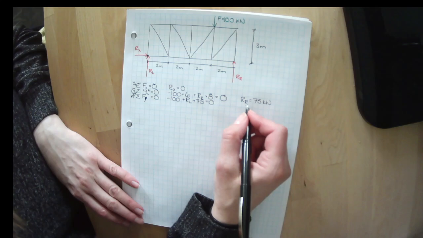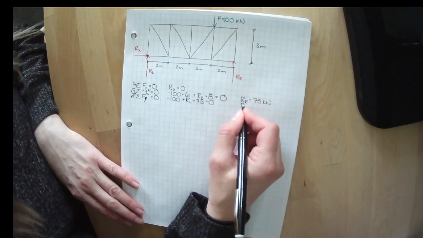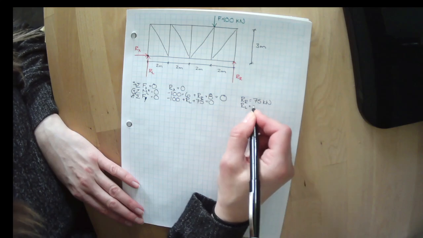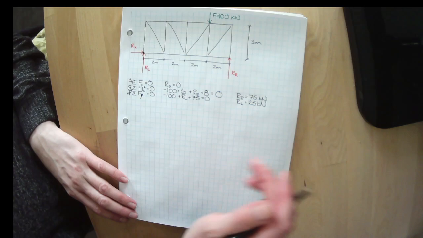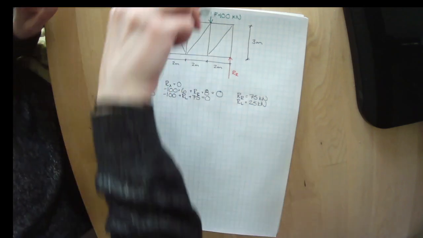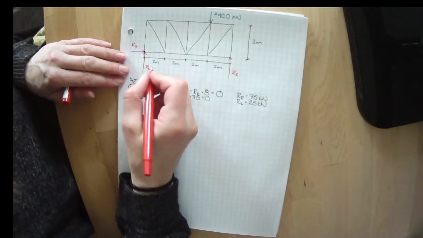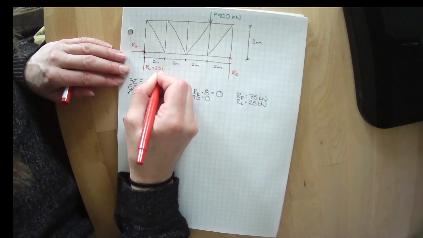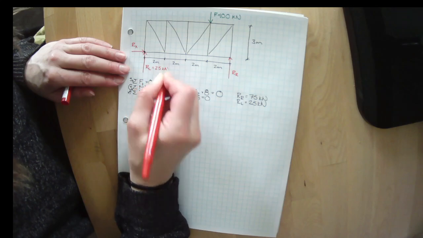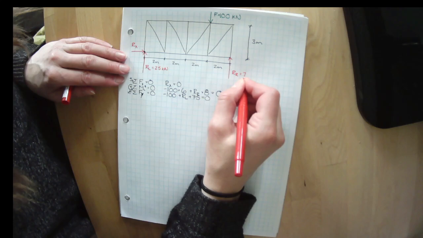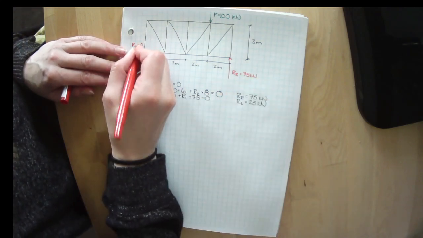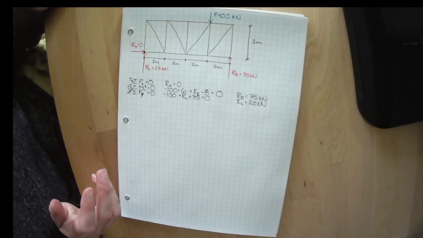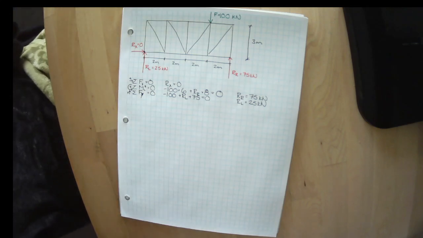We can rearrange this, and we get RL equals 25 kilonewtons. So we can come back up here if we would like and actually write that in: 25 kilonewtons, 75 kilonewtons, and that equals 0. So we've solved for our reactions.